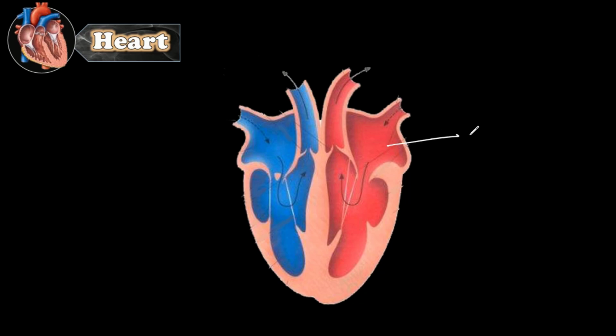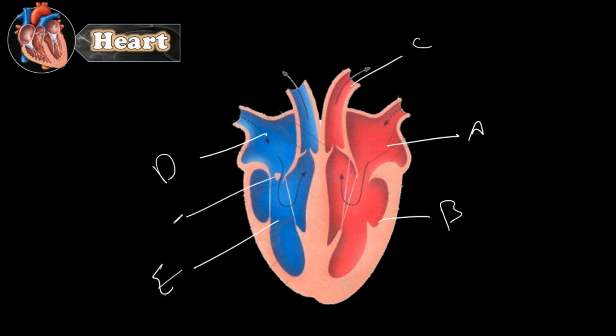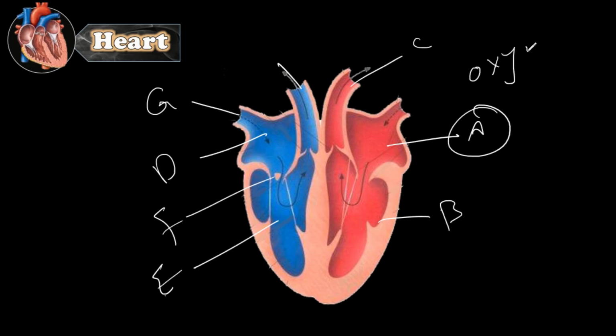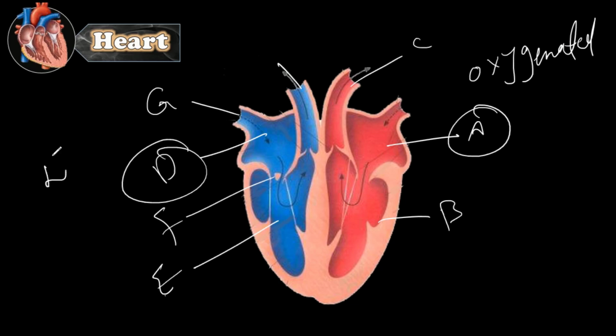Maybe you have labels A, B, C, D, E, F, G, whatever letters here. Now the question: what type of blood is in part A? It is oxygenated. What type of blood is in part D? It is deoxygenated.